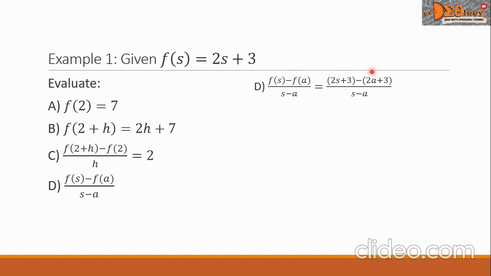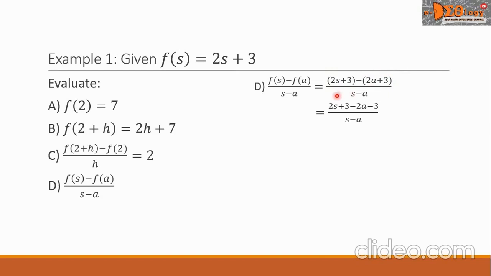So you see here 2a plus 3. Then all over, same denominator, s minus a. Let us simplify further. Let us remove the grouping symbols respectively. In the first group, we can directly remove the grouping symbol. But for the second group, if we remove the grouping symbol, we need to change the sign of all the terms of the second group.